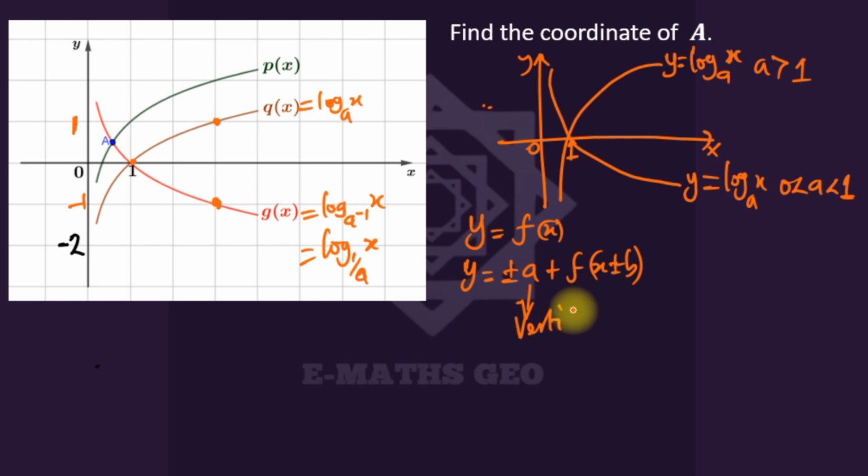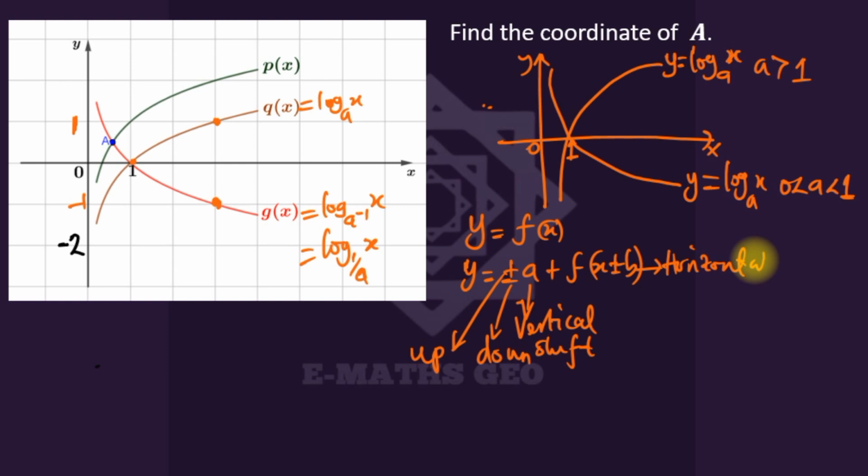So this a is the vertical shift. It could be down, minus for down, plus for up. The b is the horizontal shift, which could be left or right. If it's minus, it's right. If it's plus, it's left.